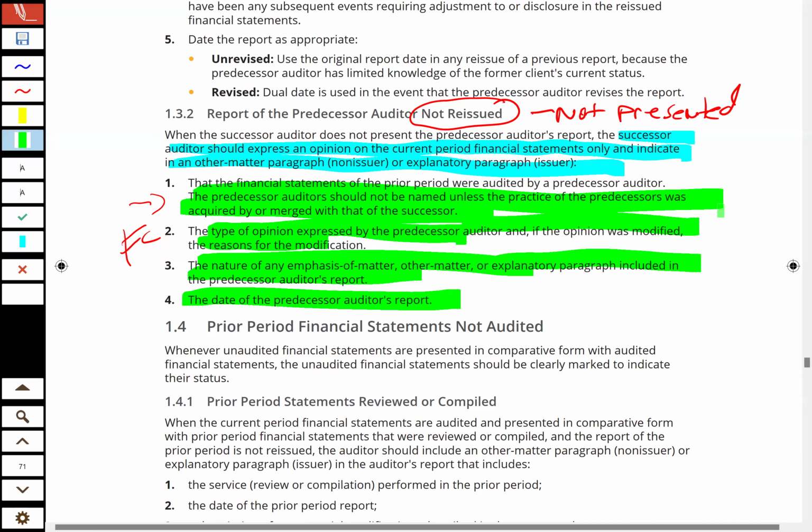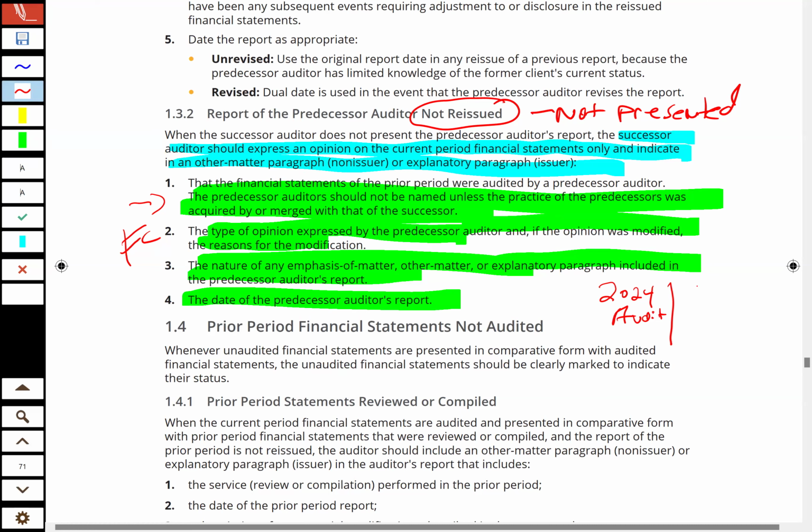Okay. All right. Good. Now, what happens if I audit the 2024 statements? Okay. So I audit it and I give an opinion on the 2024 statements. A stands for audited. I'll just write in audit. Okay.